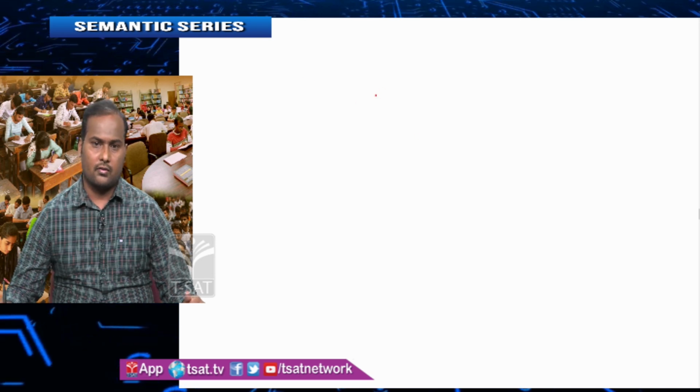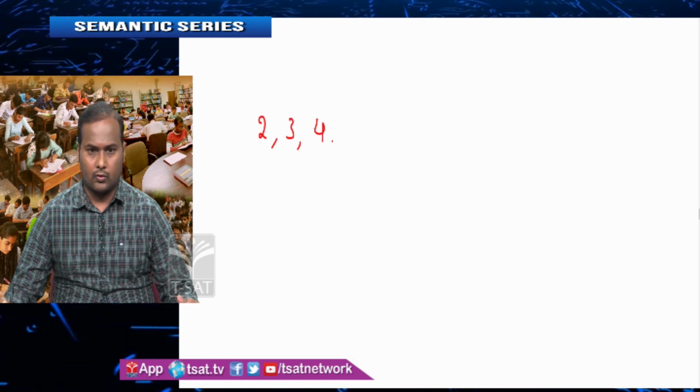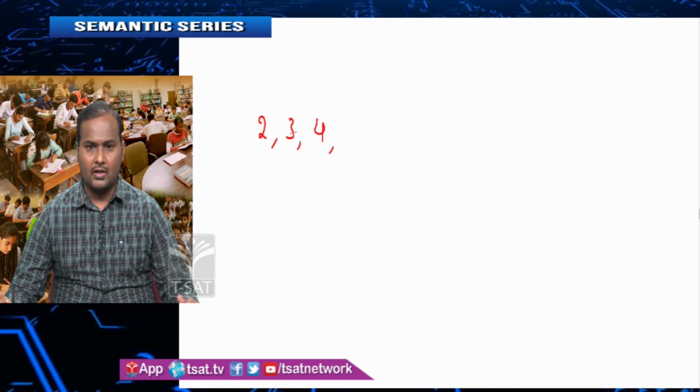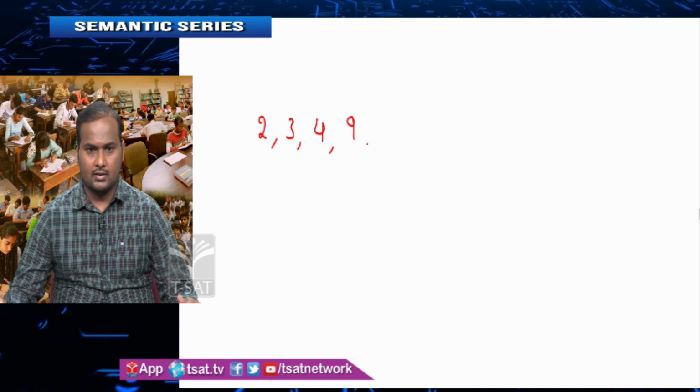Now we are going to discuss the question based on Fibonacci series based upon addition of the last three numbers. For example, it is 2, 3, 4. The next one will be the addition, that is 4 plus 3 plus 2, and your answer is 9.